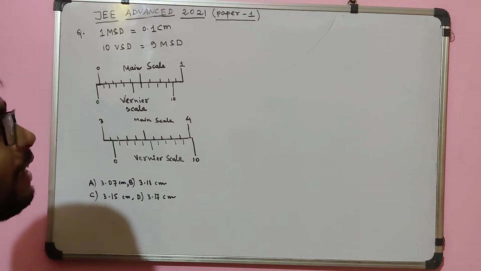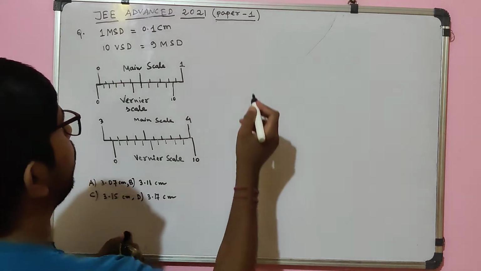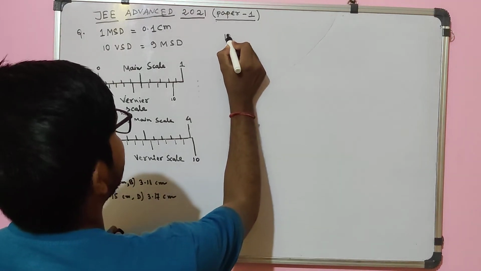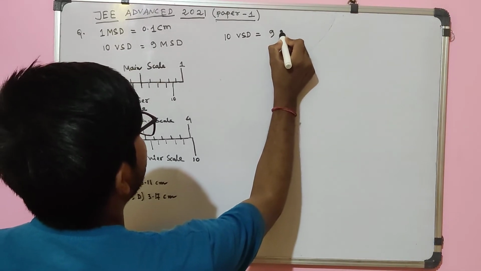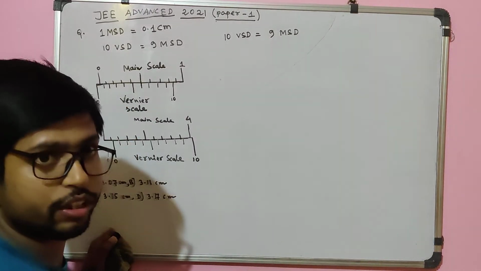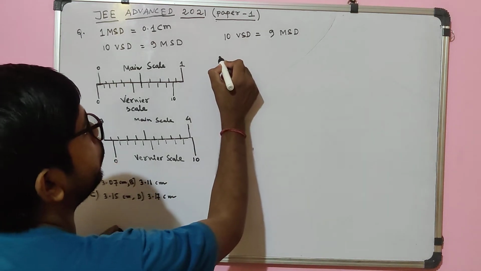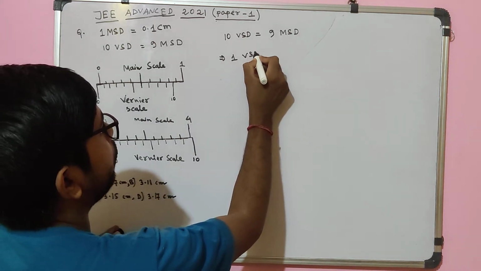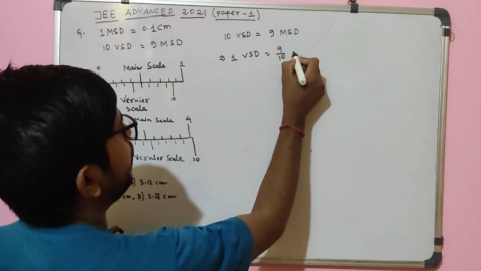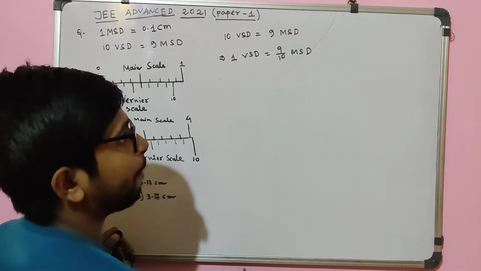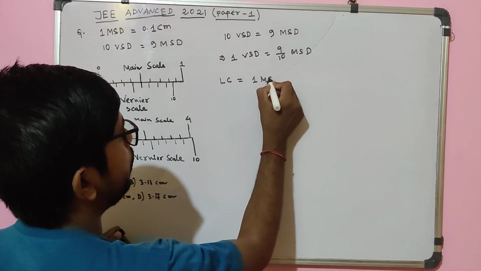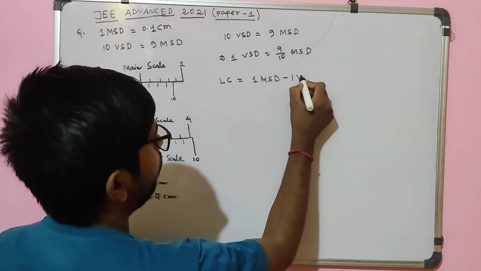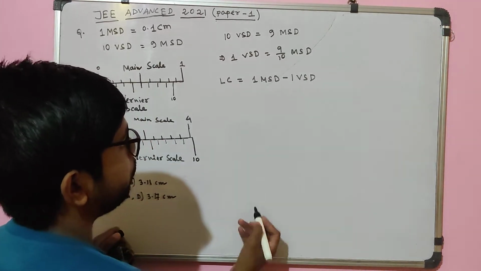So first, for calculating the least count, we know how to calculate it. Here it is given that 10 Vernier scale divisions coincide with 9 main scale divisions. So 1 Vernier scale division is nothing but 9 by 10 main scale division. Then the least count is given by 1 main scale division minus 1 Vernier scale division.